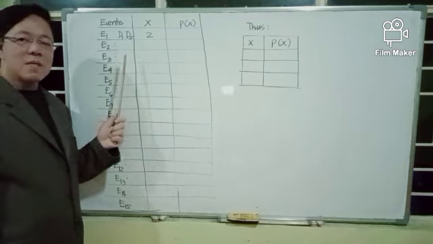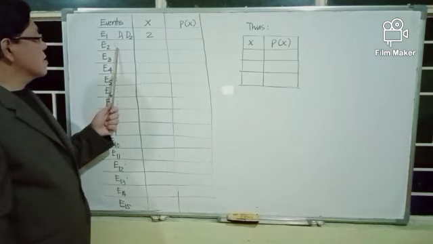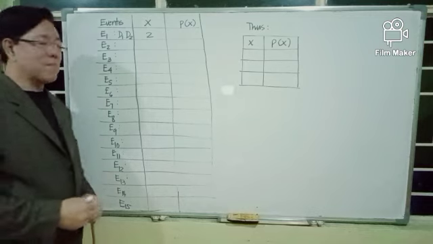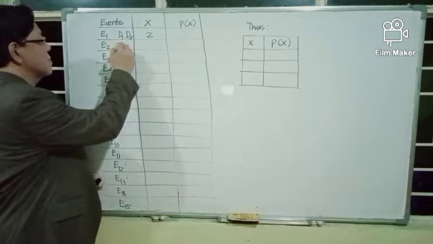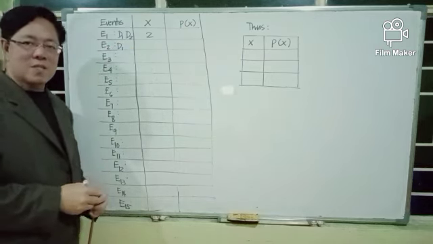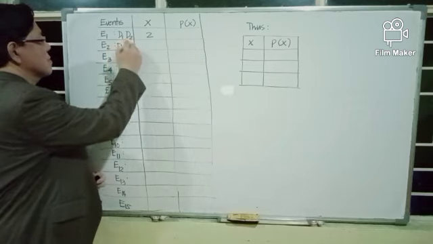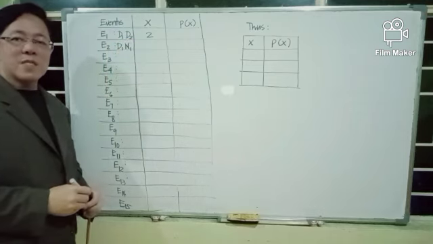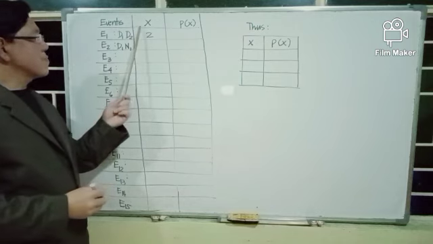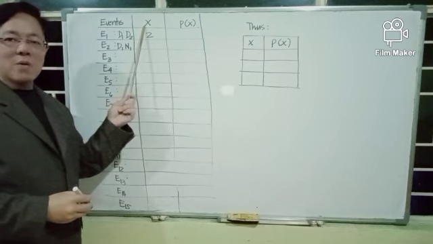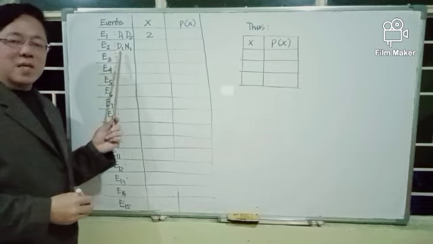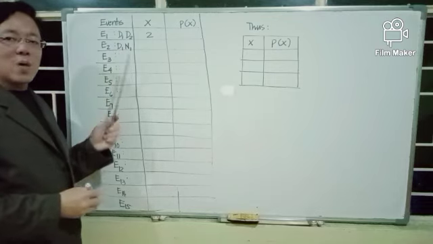Another possibility is the event where the customer selected the first defective item and one of the 4 non-defective items, say the first non-defective item. And for this event, the value of x, the number of defective appliances, is 1.